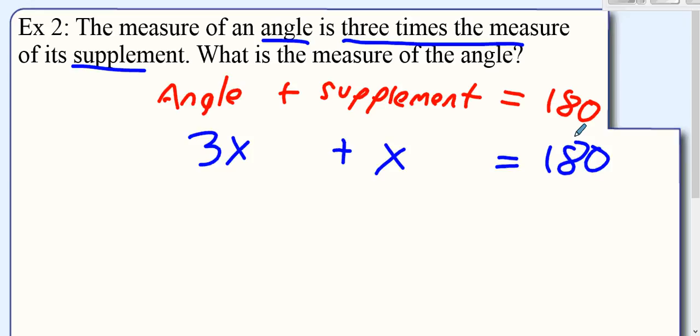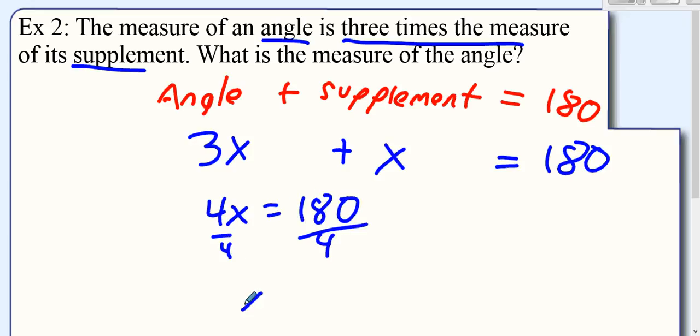So then you just solve this out, combine like terms. So we just found x is 45, which means the supplement is 45 degrees.